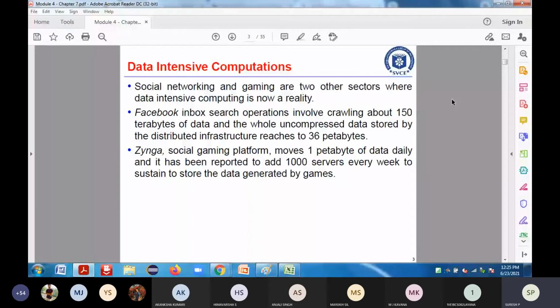Gmail gives you 15 GB of space. Suppose a class has 60 people. If each gets 15 GB, the total size required for the entire class is 900 GB, which is almost equal to 1000 GB, or 1 terabyte.